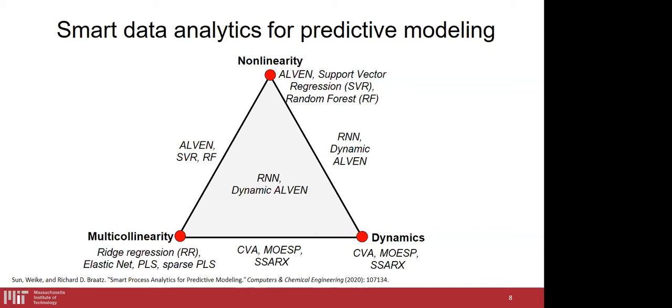What is happening in the next step in this overall approach is that, let's say I figure out its nonlinearity. In that case, I have Alvin, support vector regression, and random forest for nonlinearity in my data set. If I have those three algorithms, I would then perform a cross-validation between them to figure out which one performs best on the data that I have.